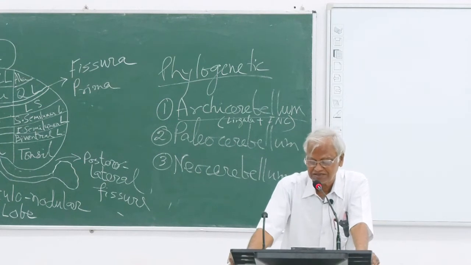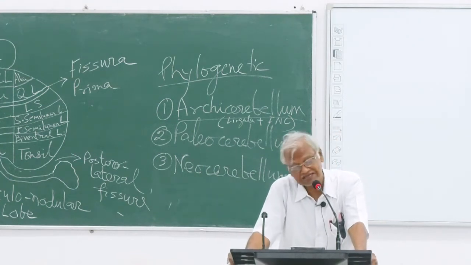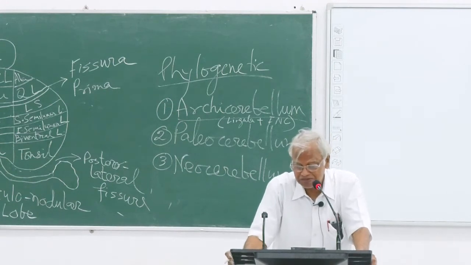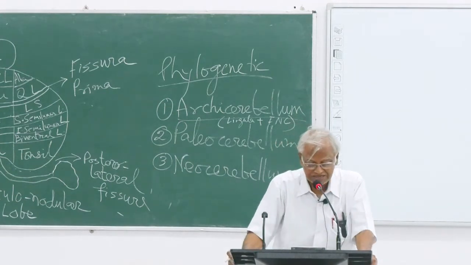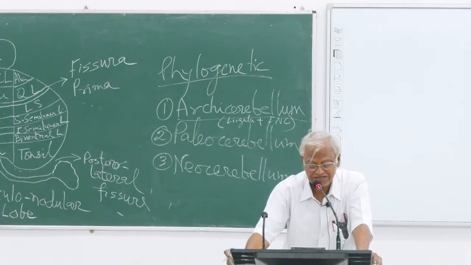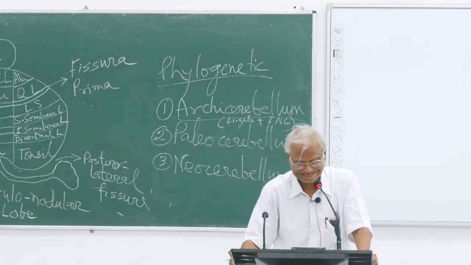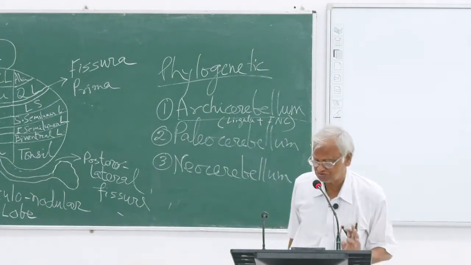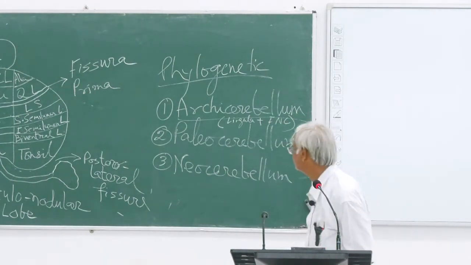And the paleocerebellum, central lobule and culmen are there, plus pyramid and uvula, that's all. Pyramid and uvula.